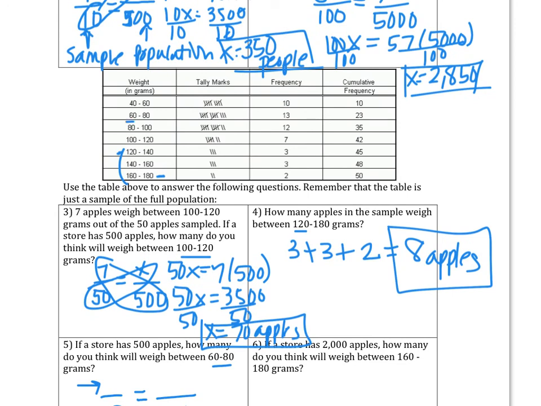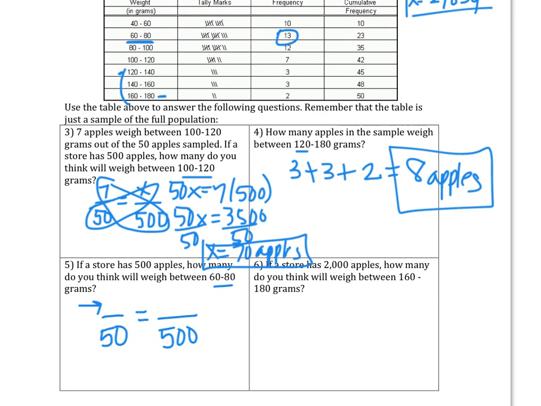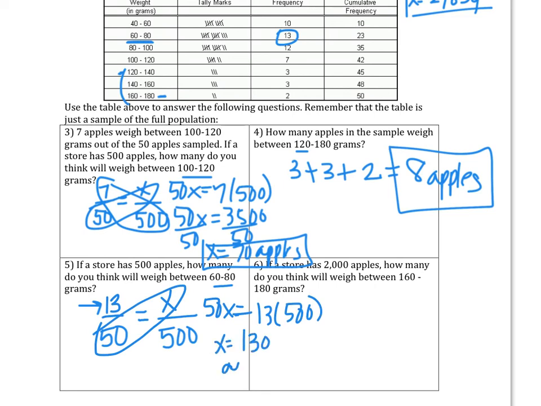And there are 13 that are between 60 and 80. So 13 of the 50, and we want to know how many that will actually be. Cross multiply: 50x equals 13 times 500. And so when we solve that, it's going to be x equals 130 apples.